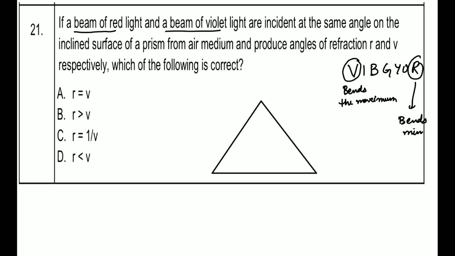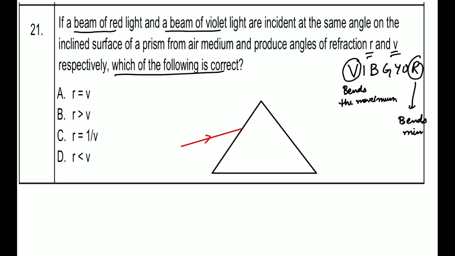So if that is true, you're supposed to find out, let's say R is the angle of refraction for your red light and V is the angle of refraction for your violet light. You are supposed to find out which of the following options is correct, right? So let's say this is my red light. Red light is incident on one end of the prism.